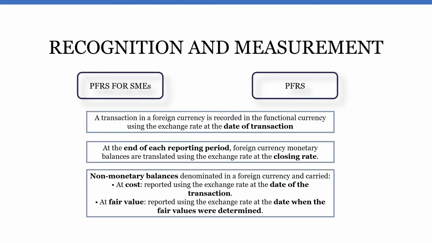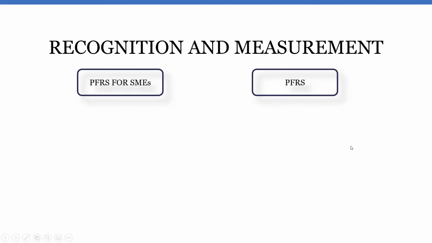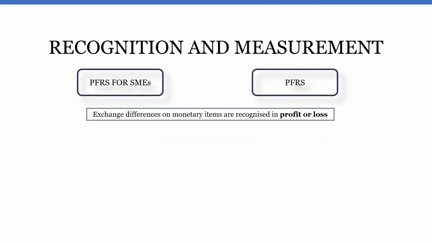So a transaction in a foreign currency is recorded in the functional currency using the exchange rate at the date of the transaction. We may use average rates if they do not fluctuate significantly. Exchange differences on monetary items are recognized in profit or loss.